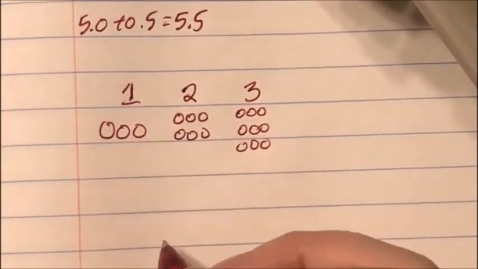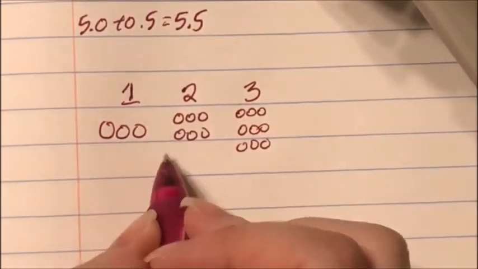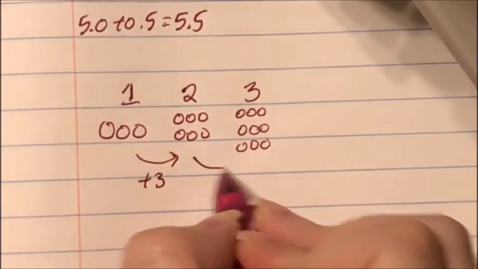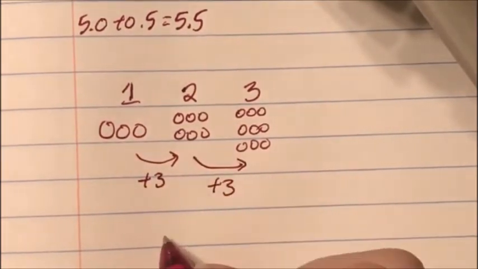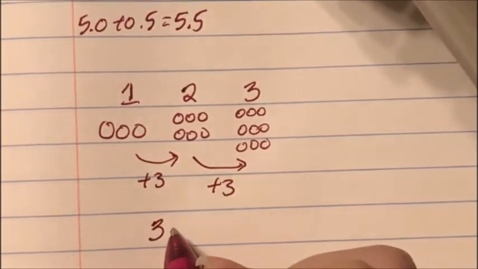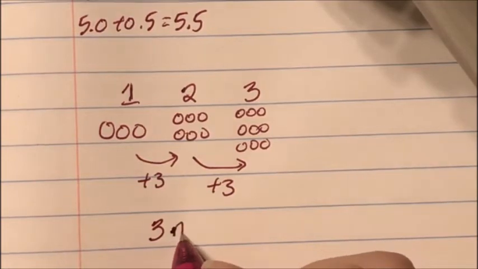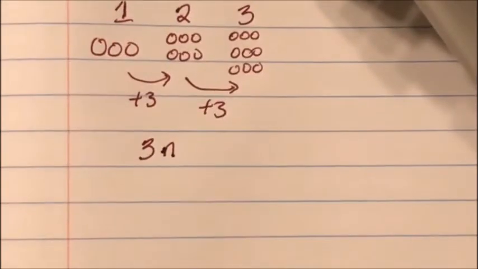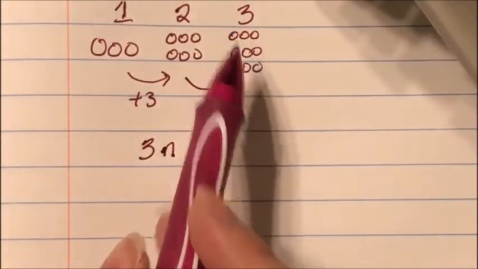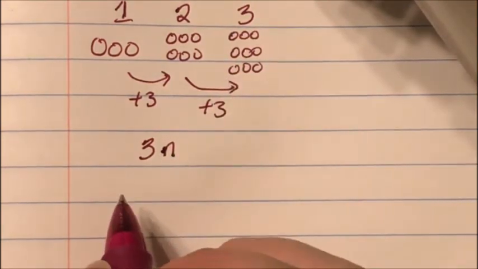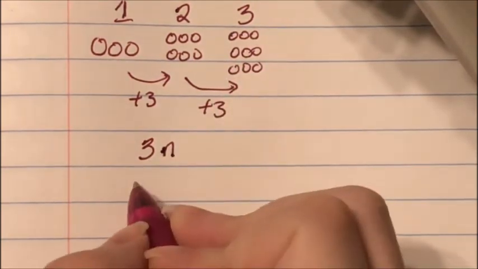What are you doing each time? From 3 to 6, I added 3, and from 6 to 9, I added 3. So I go up by 3 each time. So 3 times my term, n, is my expression. So if I wanted to figure out how many circles were in the third term, I would take 3 times 3, which would give me 9. Okay. It asks me for the 50th term.